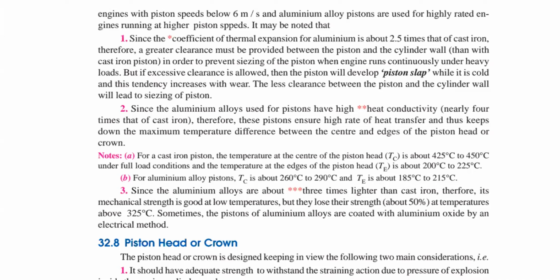Especially this piston problem is a very lengthy problem, but all the design procedures are available in your data book. On Saturday's class, please bring your data book with you, so that it is easy, because there are some redesign processes available in this particular piston problem, and we have to use one or more equations.